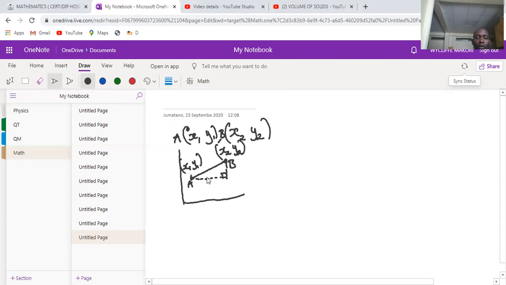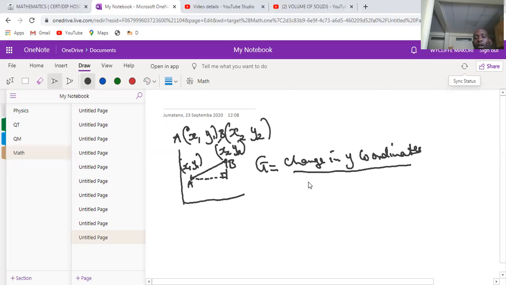Whenever you are given the two coordinates, gradient will be given by change in y coordinates over change in x coordinates.